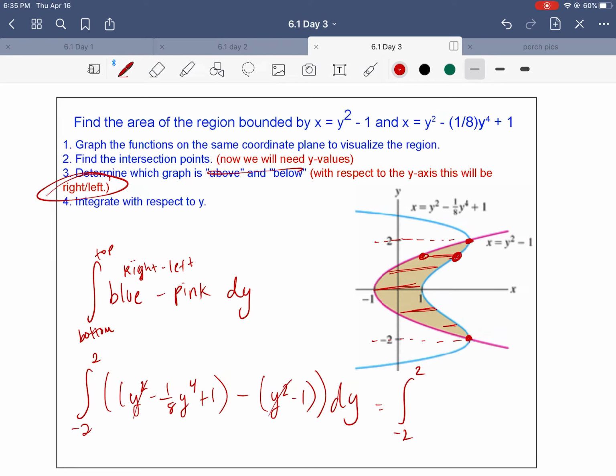-2 to 2. So y squared minus y squared. We have a -1/8 y to the 4th. 1 plus -1 would be, 1 minus -1 would be 1 plus 1 or 2. Okay, so -1/8 y to the 4th plus 2.